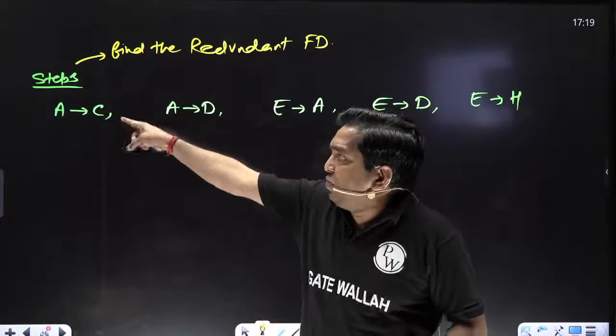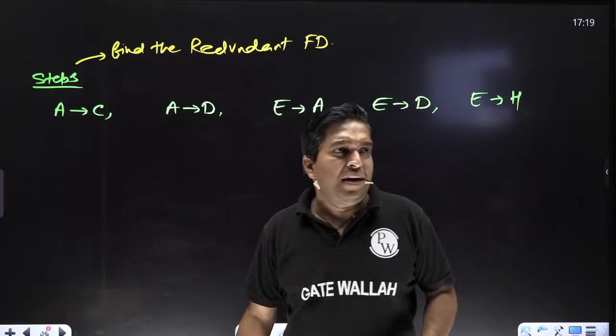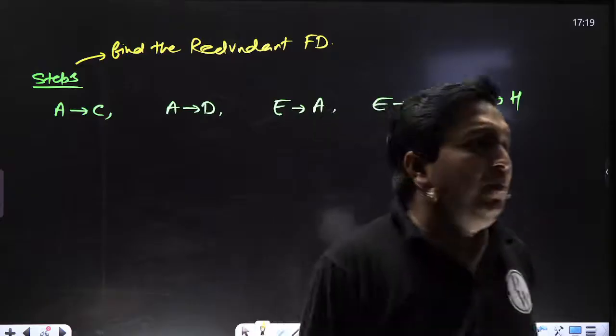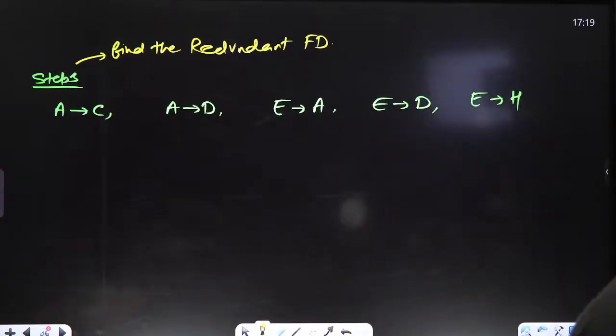Like here, we have to check whether A to C is extra. Seema, Jaideep, Sudeep, Shyam, Soumyadeep, Komal, Priya, Adyaraj, everyone, let me know, please. How to find an extra FD, my dear?